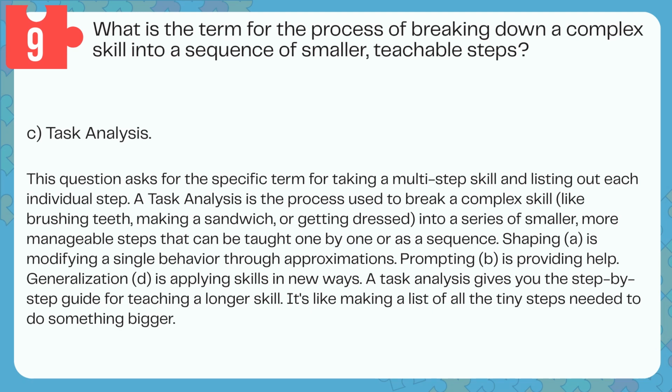Shaping: A. Is modifying a single behavior through approximations. Prompting: B. Is providing help. Generalization: D. Is applying skills in new ways. A task analysis gives you the step-by-step guide for teaching a longer skill. It's like making a list of all the tiny steps needed to do something bigger.